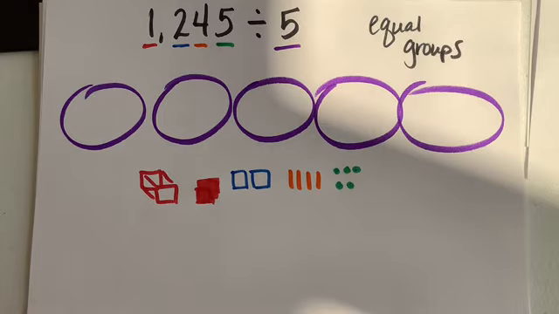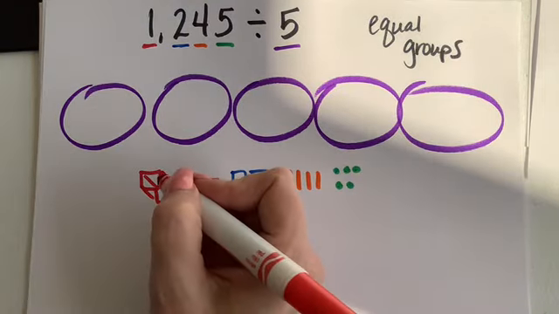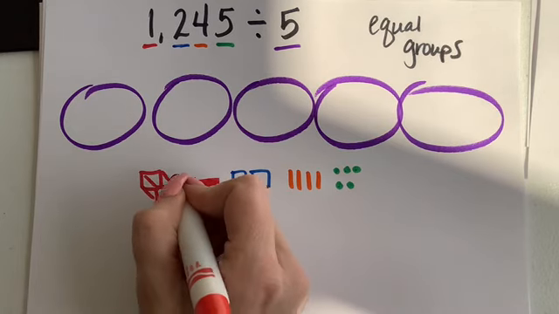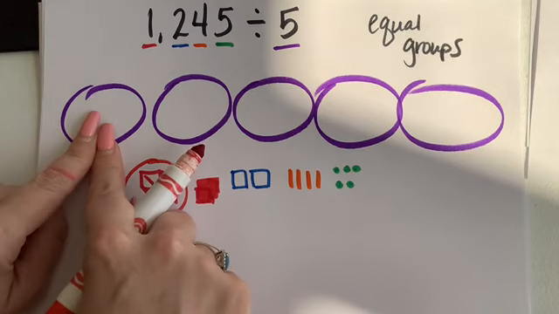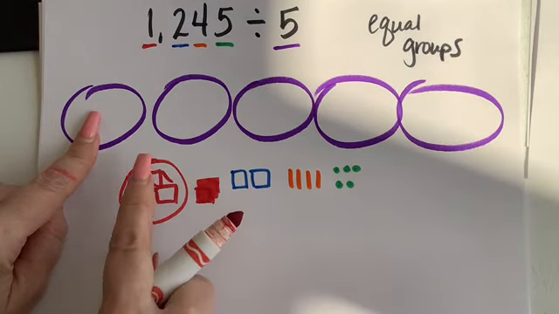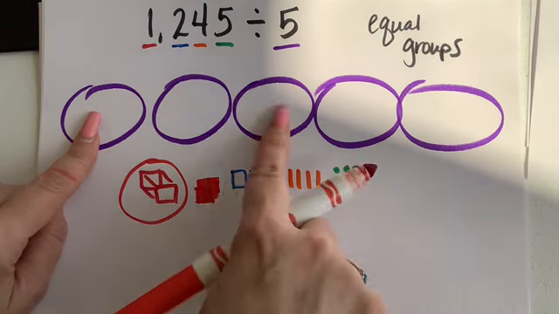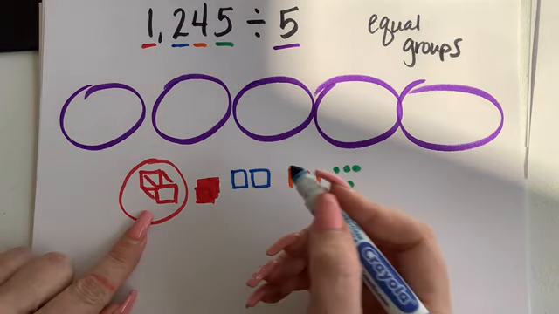Okay, so first things first, we have to split this into 5 equal groups because we are dividing. I have this 1,000 cube right here. I can't just put this here and then not share with anybody else. So what could I do with this to be able to share with the equal groups? You got it.